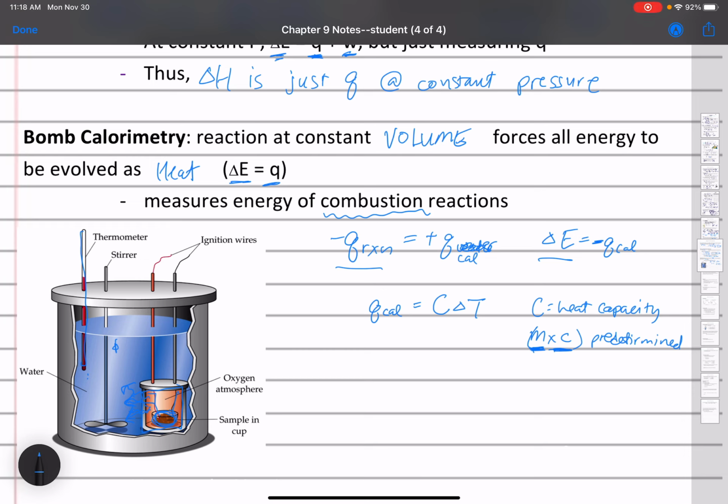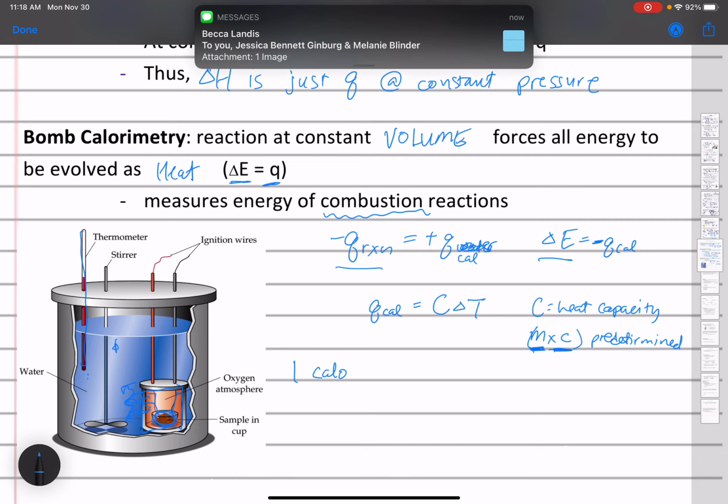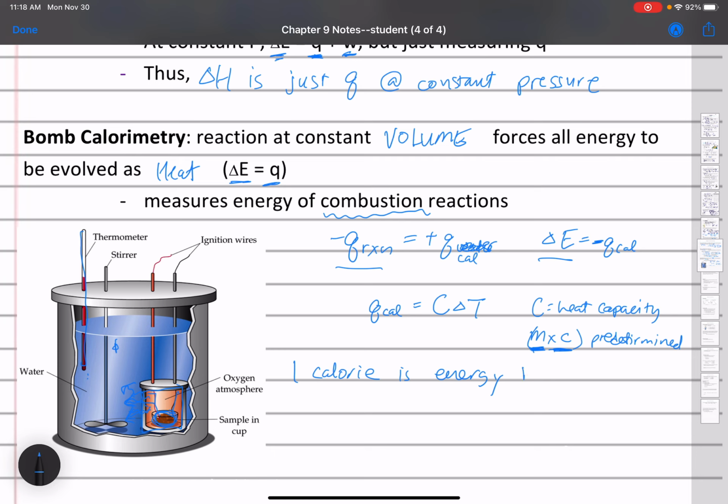Okay, so it's a calorimeter, as we said, we're measuring calories, and a calorie is a unit of energy. A calorie is the energy required to raise the temperature of 1 gram of water by 1 degree Celsius.